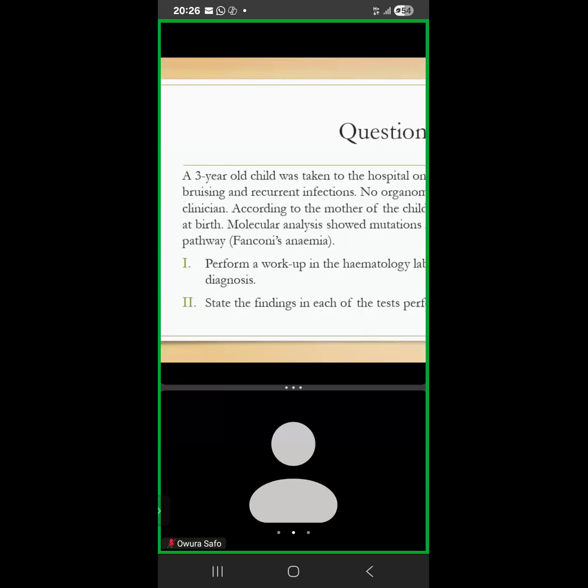You can query CML because you are seeing on peripheral blood the presence of the whole myeloid series. And so you query, but that's not the confirmatory test. The confirmatory test is the FISH and the genetics, looking for the BCR-ABL fusion gene.